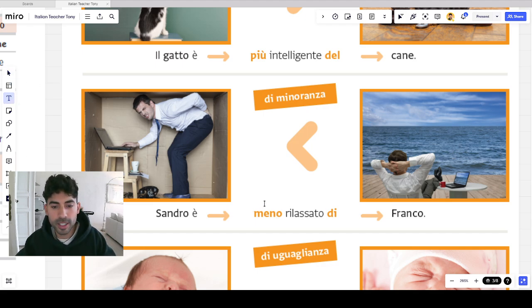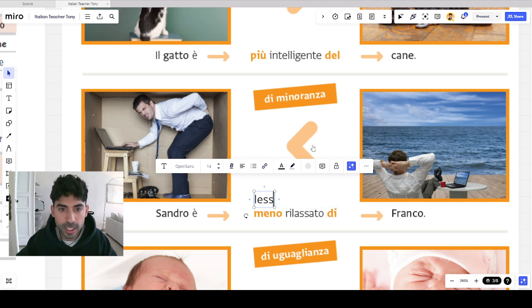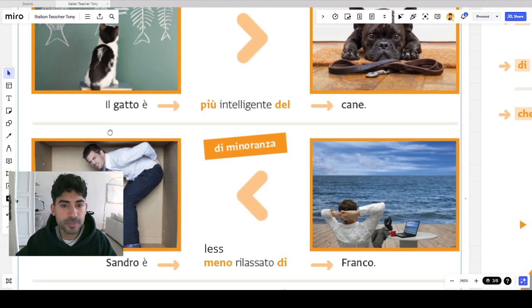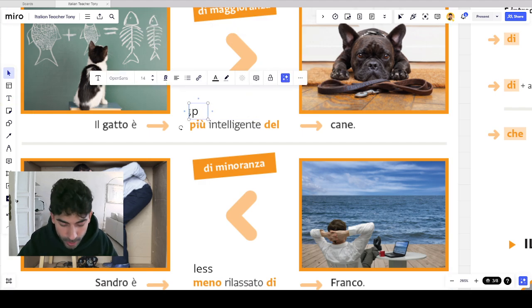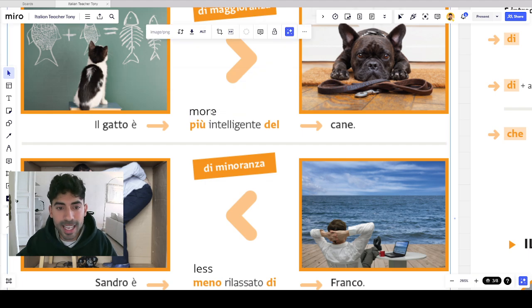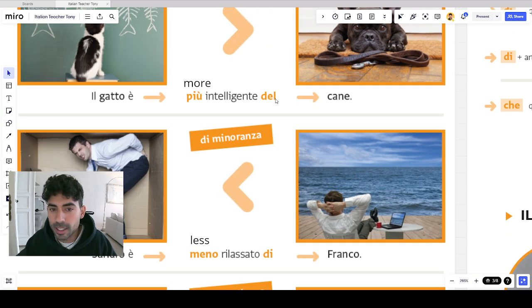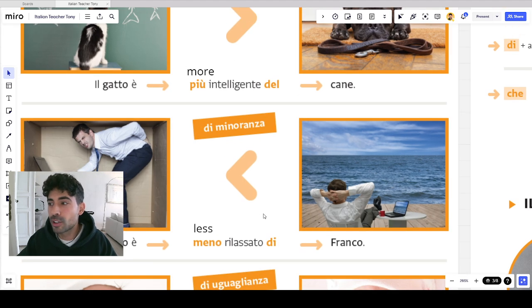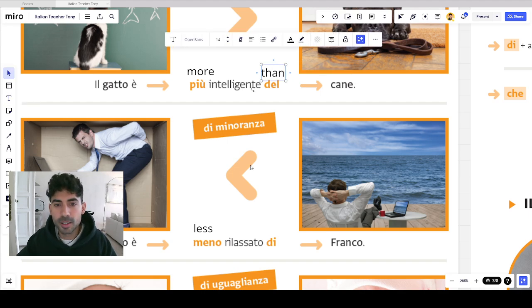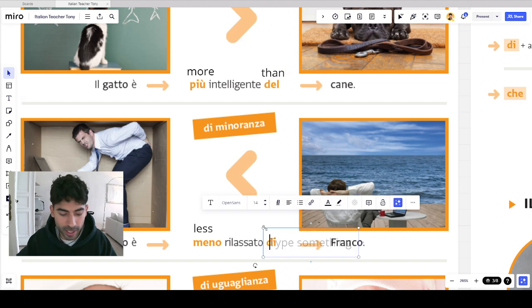So this meno is the equivalent of less in English, and this più is the equivalent of more in English. You will note the use of del or di, which is the equivalent of than in English, but there are some exceptions that we will have a look at in a second.